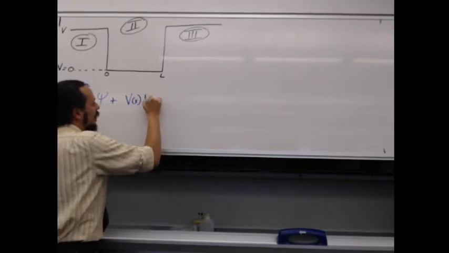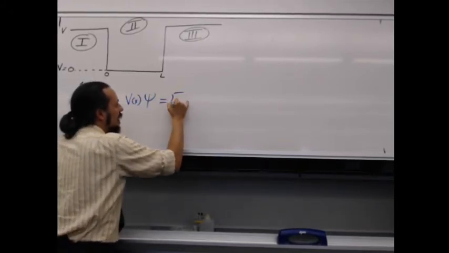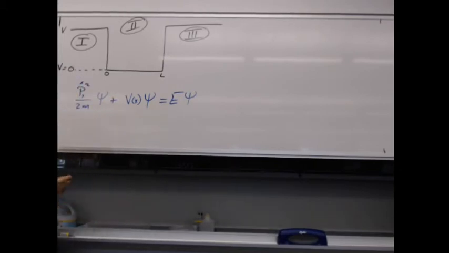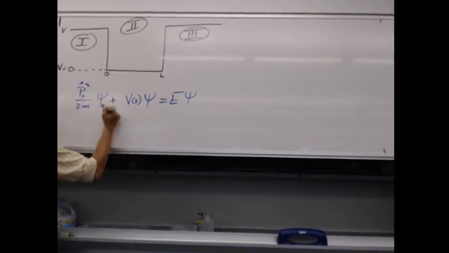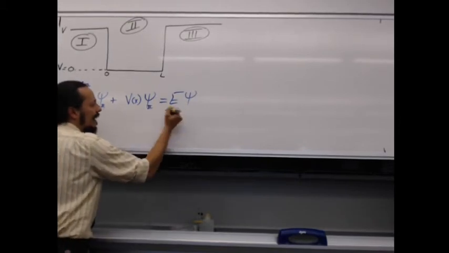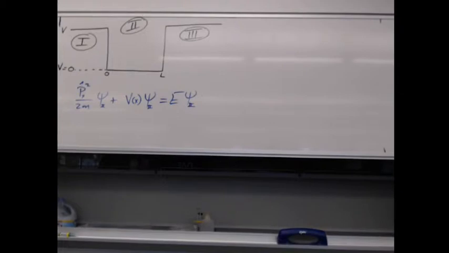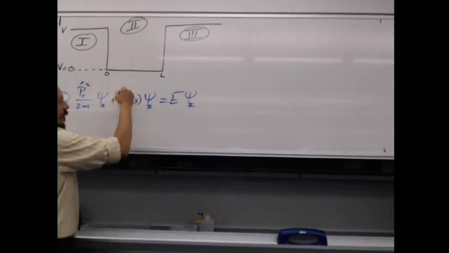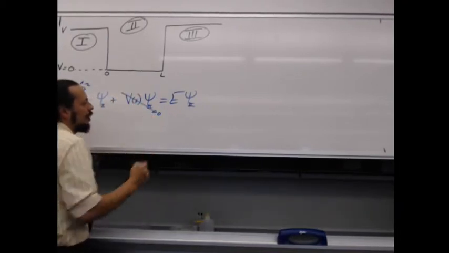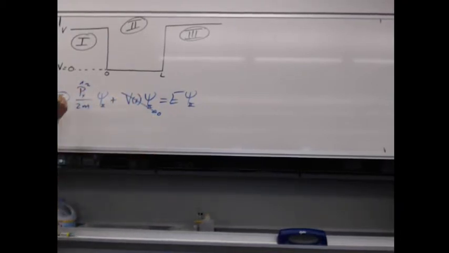Vx on psi is equal to E on psi. And I'm going to put a little Roman numeral 2 at the end of each of those psi's, because this is particularly looking at region 2. Right? And in this case, if we're in region 2, this term can just go to 0. Oh no, I haven't forgotten my negative yet, because when we square that, we get a negative sign.